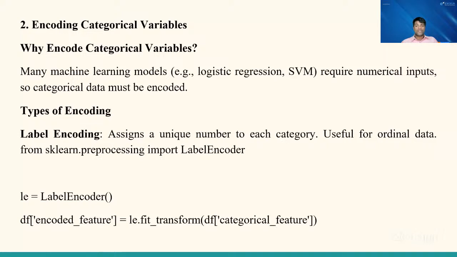So the feature scaling part is done for the numerical values. Then what about the categorical variables? For categorical variables, we have something called encoding. Encoding is nothing but giving numbers. If we hear the word encoding, we think, oh, this is a big process. No, it's not a very big process.